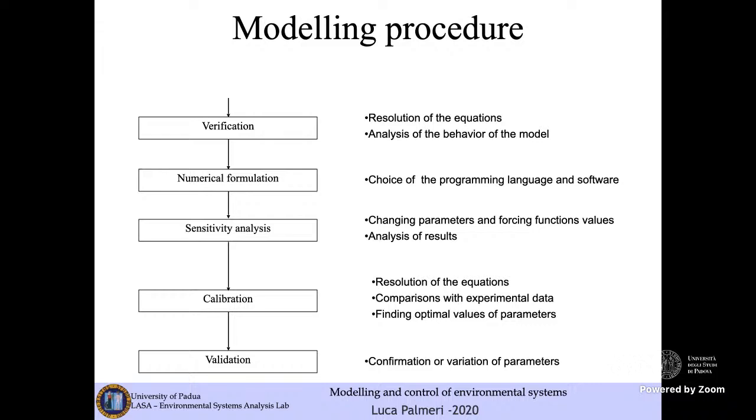Again, the classical example: if in your model you have the dissolved oxygen concentration, and temperature is a forcing function of the model, I expect that by solving the equation, the dissolved oxygen concentration should lower with increasing temperature.